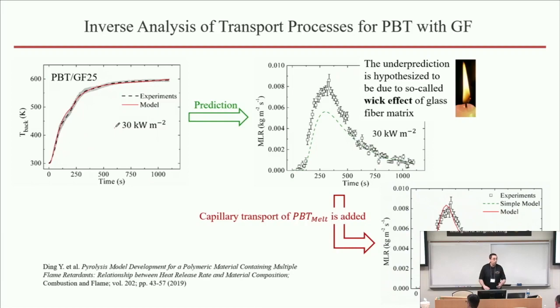For example, we would really like to have models that can simulate transition between burning and smoldering and back, right? We're not really there yet. But this is one of the key challenges that we would like to address in the near future.